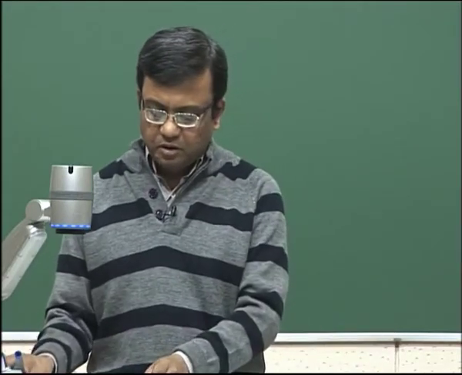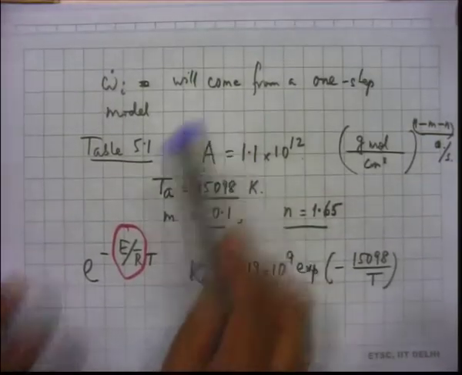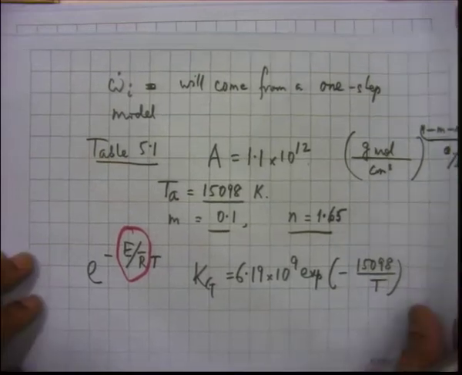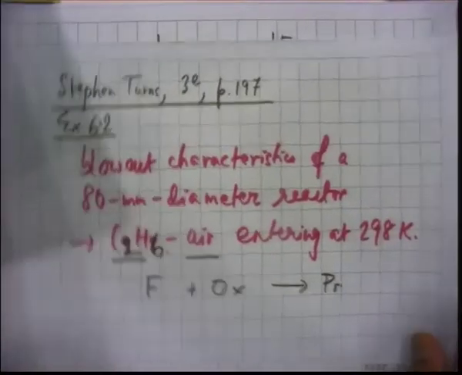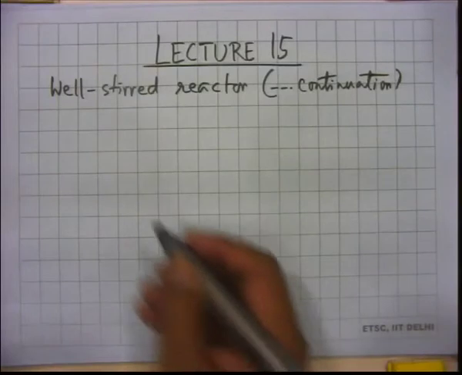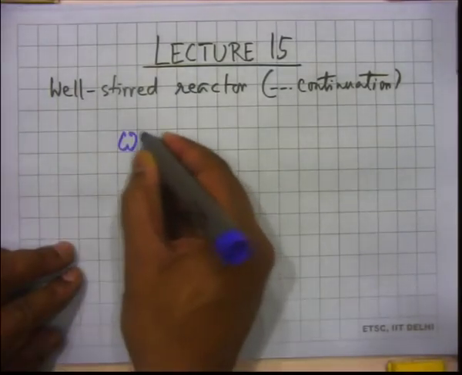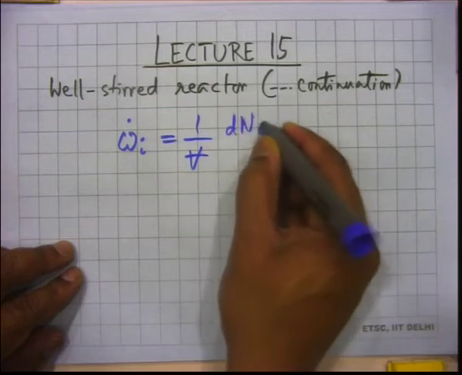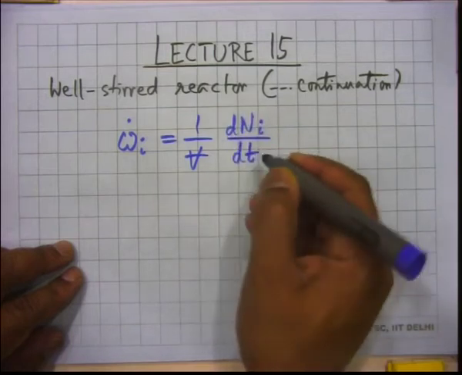As I mentioned last time, omega dot I will come from a one step model, because we are assuming a one step reaction, and omega dot I is 1 over volume dNI dt by definition.